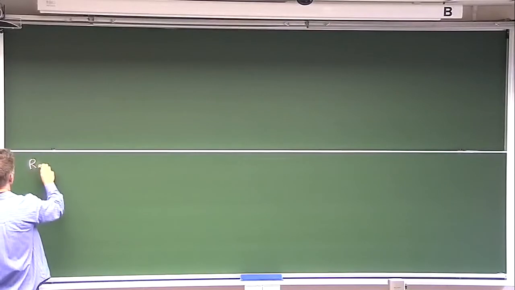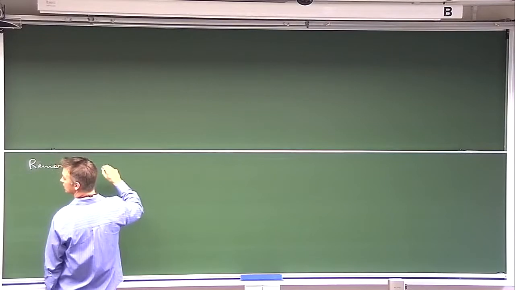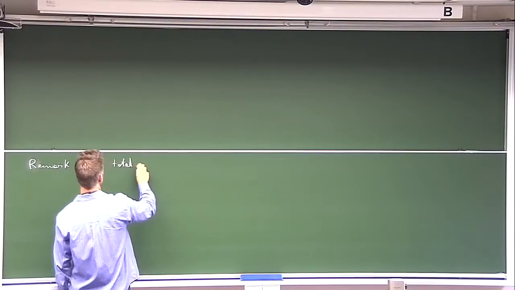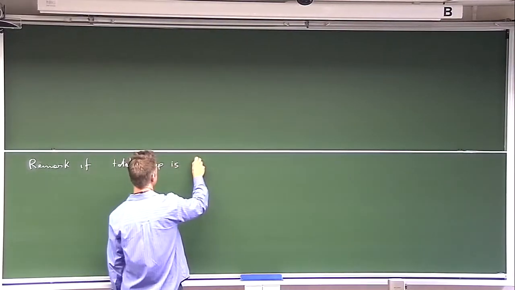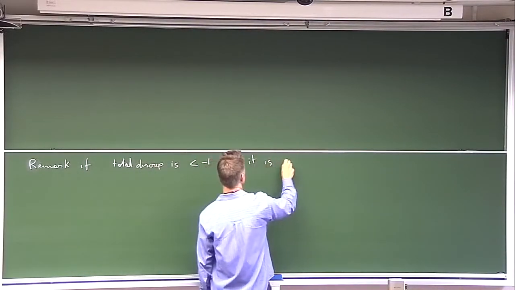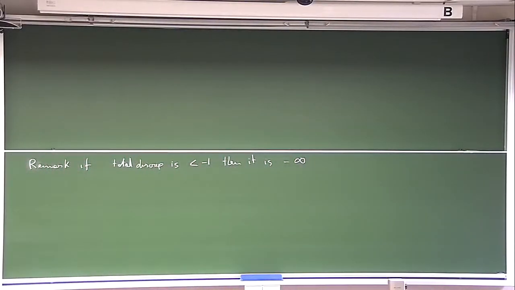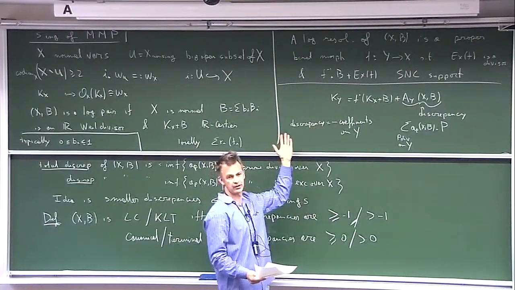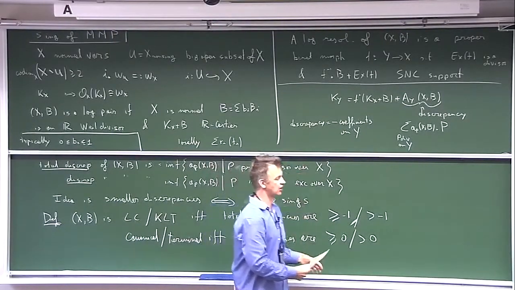Remark: if the total discrepancy or the discrepancy is less than -1, then it is -infinity. So as soon as you have a discrepancy that's smaller than -1, corresponding to a coefficient that's bigger than 1, then actually you get coefficients that are arbitrarily big or discrepancies that are arbitrarily small.